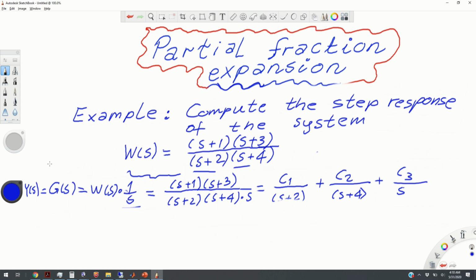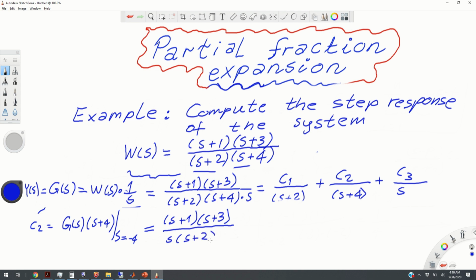So let us compute c2. c2 is equal to G(s) multiplying s plus 4, evaluated at s equals minus 4. Let us evaluate this expression.